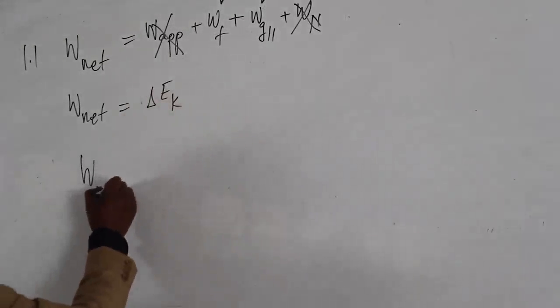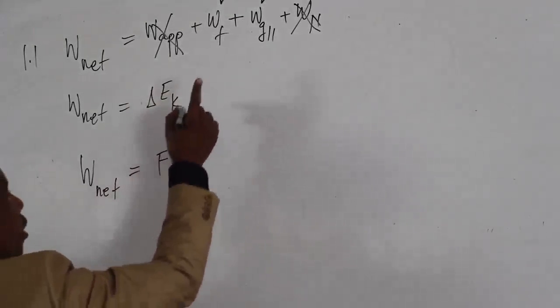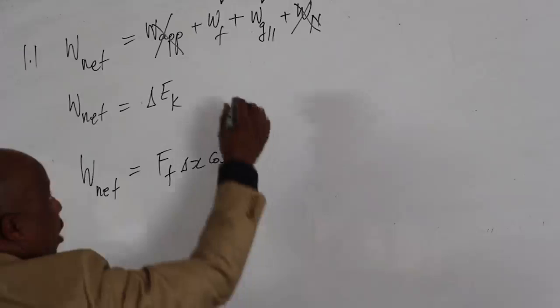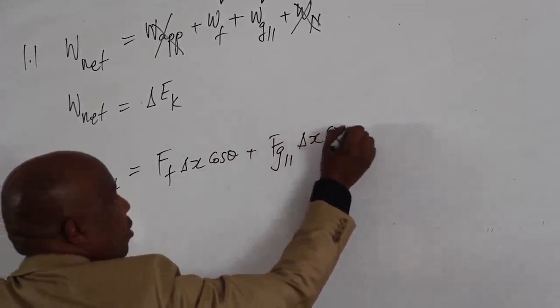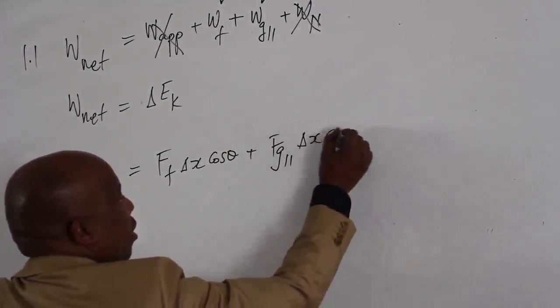Right, let's do it. So W net equals F frictional force delta X cos theta plus FG parallel delta X cos theta. Sorry, cos theta here.